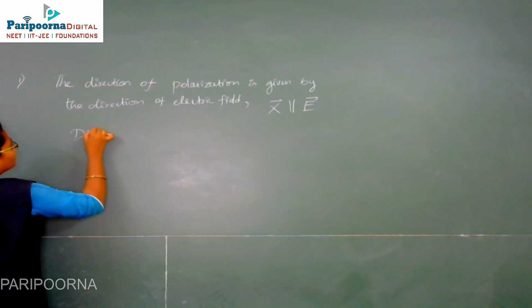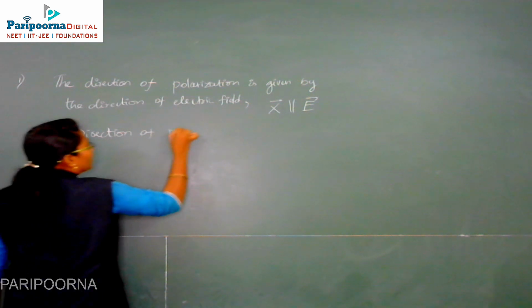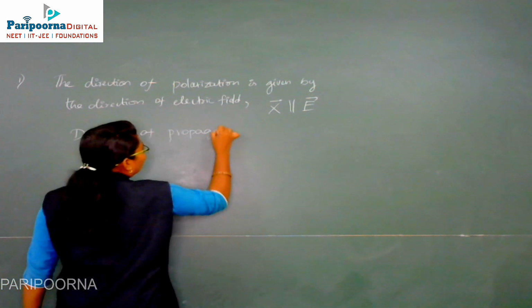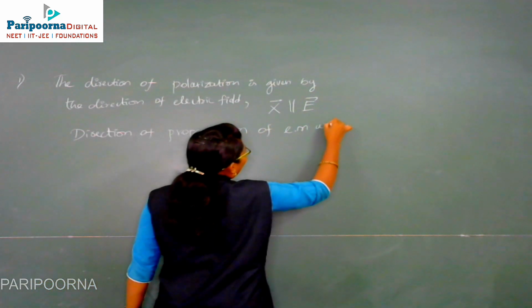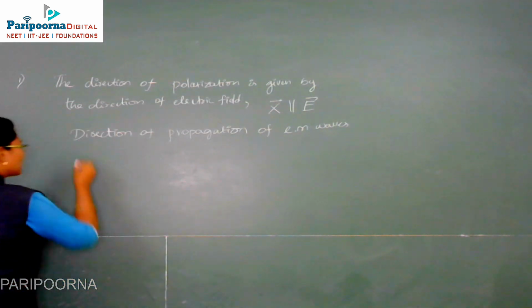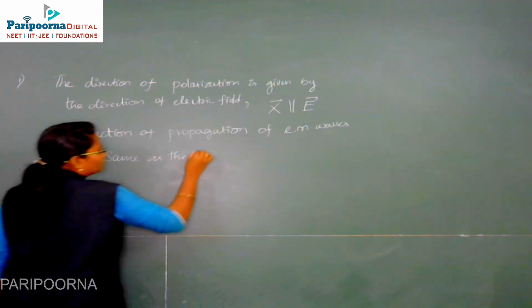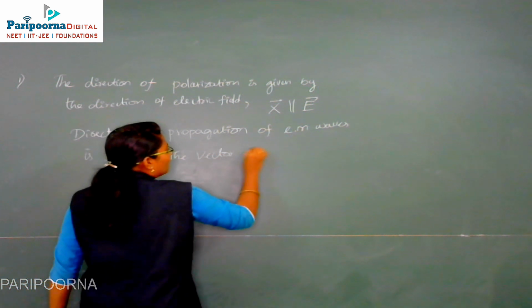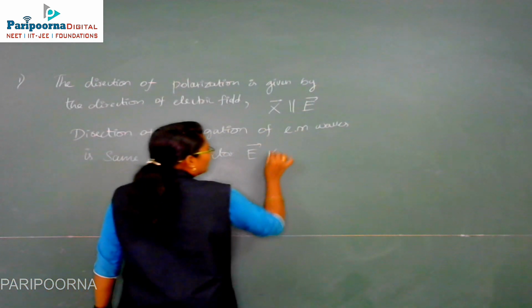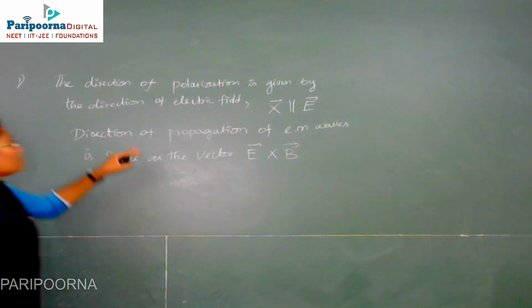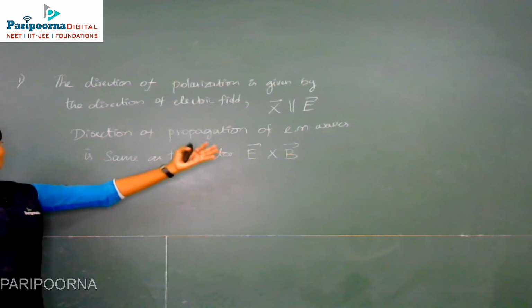Likewise, the direction of propagation of electromagnetic waves, that is EM waves, is the same as the vector E cross B. E vector cross B vector is nothing but the electric field into the magnetic field.